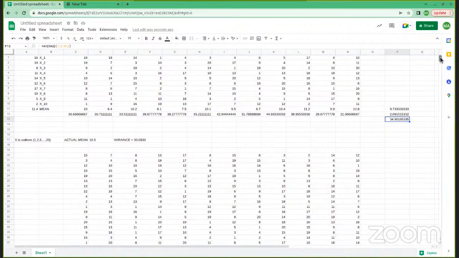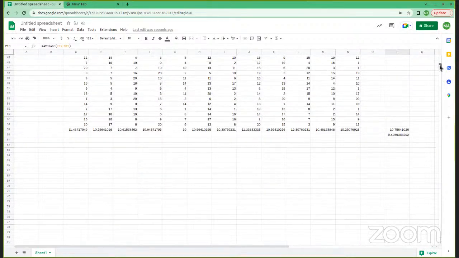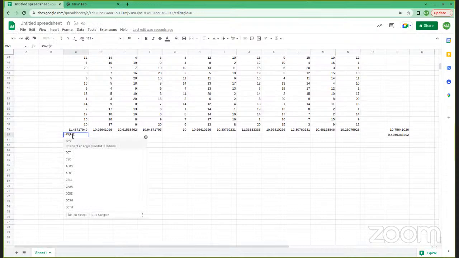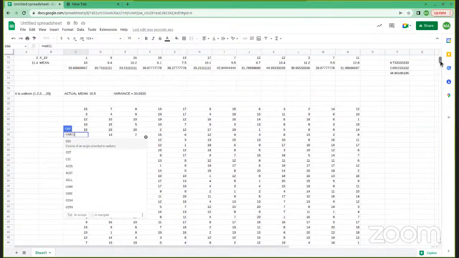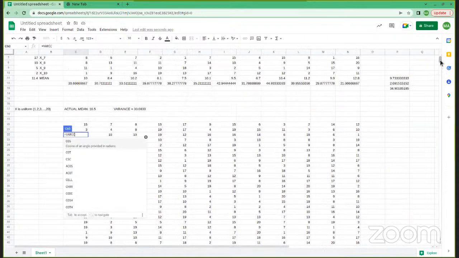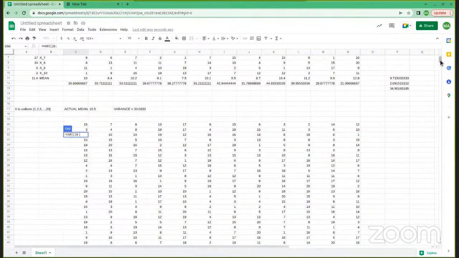So what if my number of samples are very high? So this is where of C22, C59.